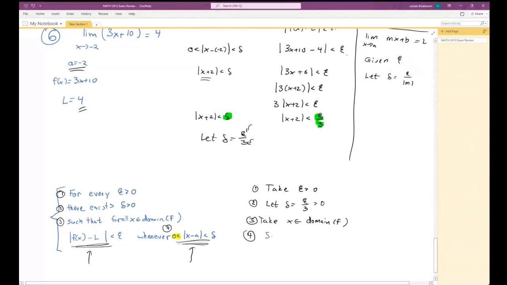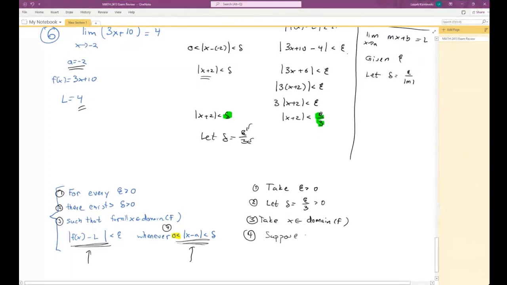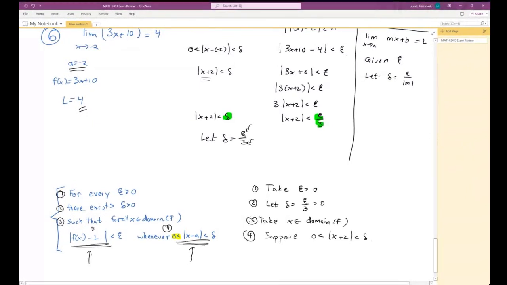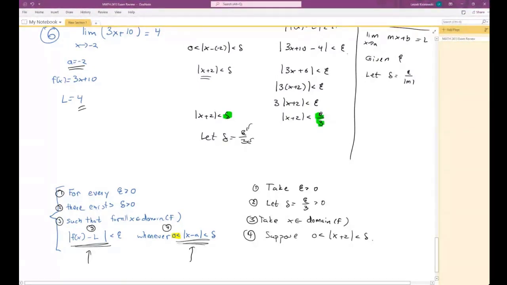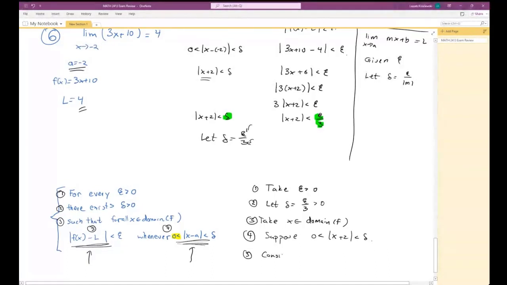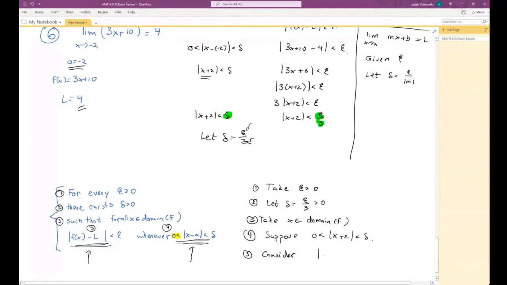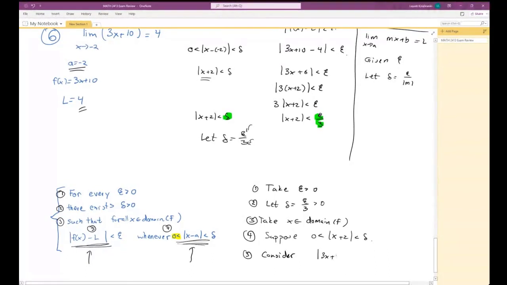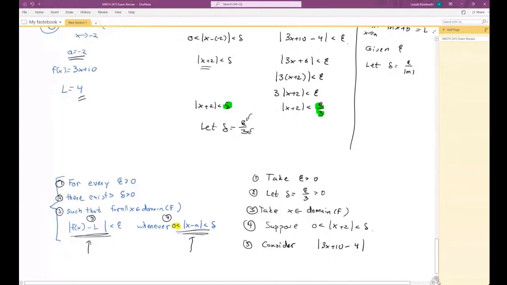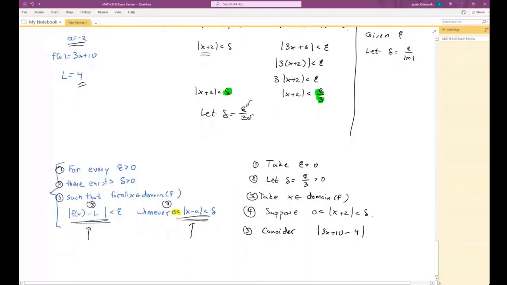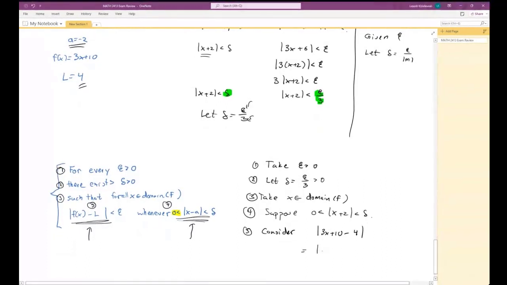You say, suppose the absolute value of x minus a, so x plus 2, is less than delta. And then we want to finally show that this inequality, number 5, will necessarily follow. So we'll say consider f of x minus the supposed limit. And then you just restate all your work. So we simplify.